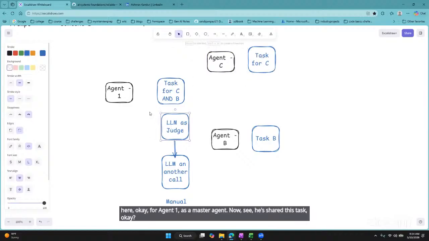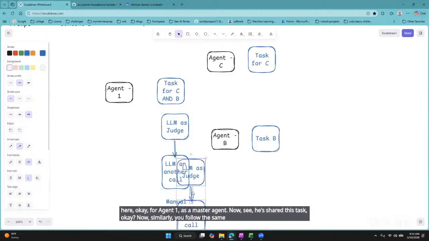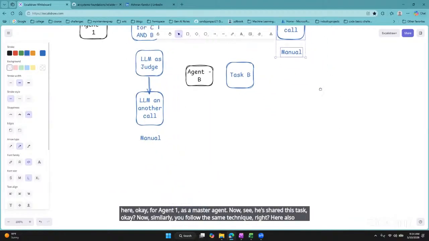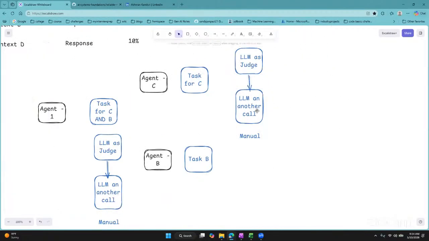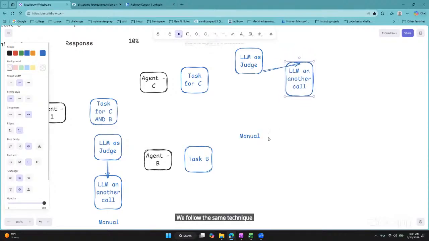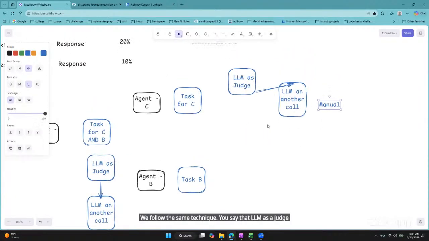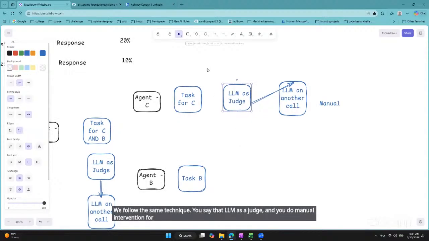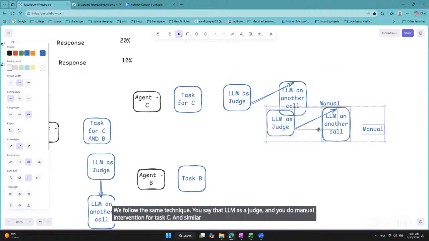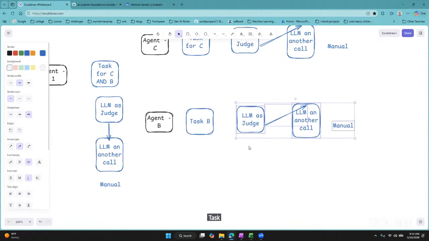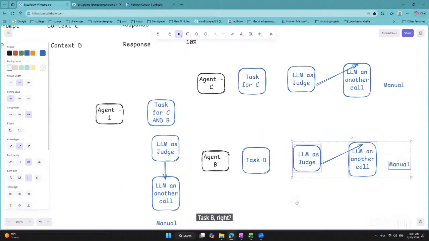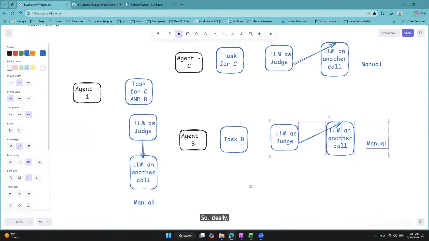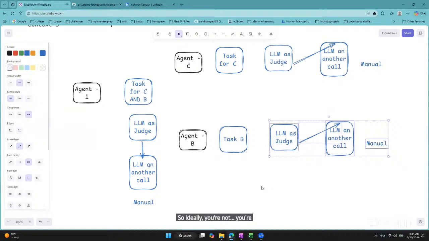Similarly, you follow the same technique here also. You say LLM as a judge and you do manual intervention for task C, and similarly you do the same for task B, right? So ideally you are not relying on anything.